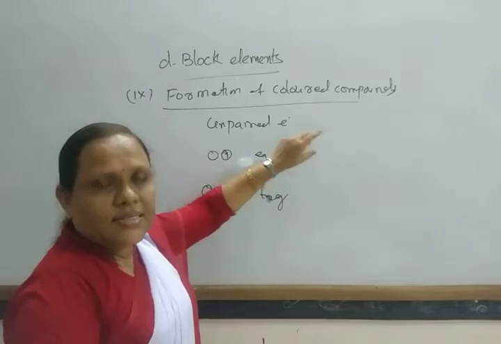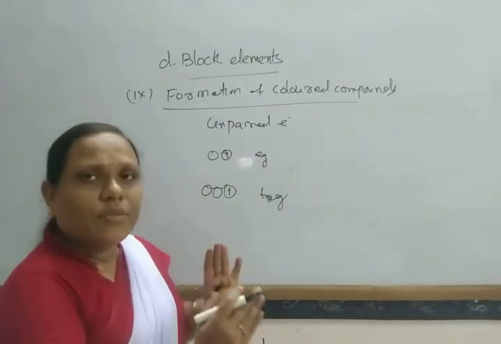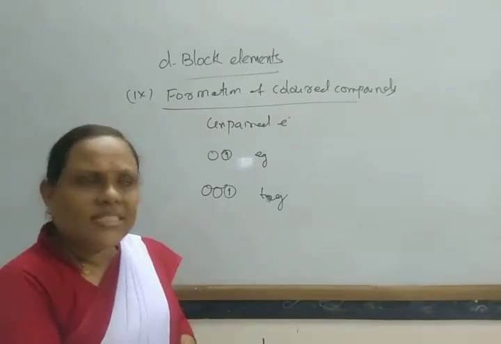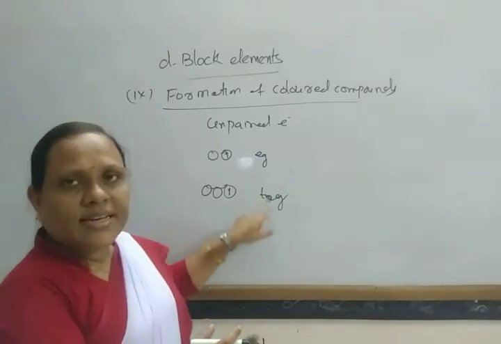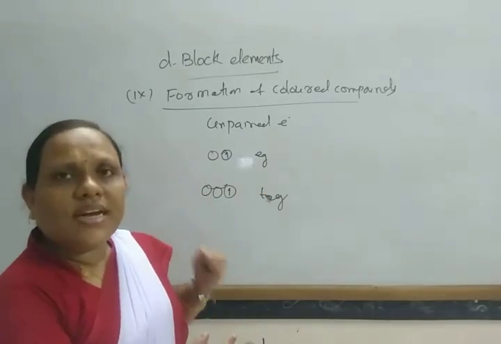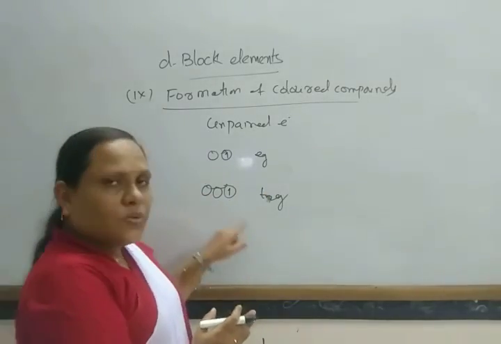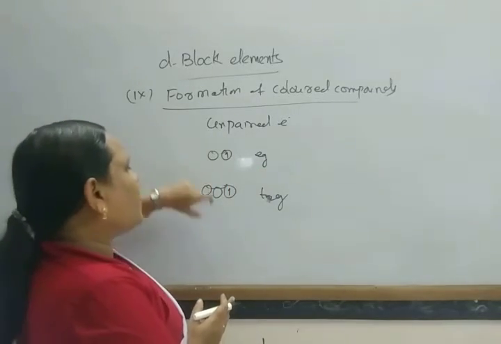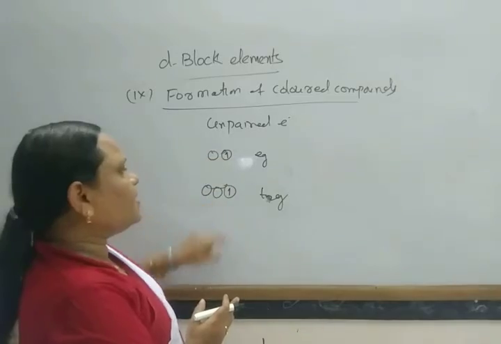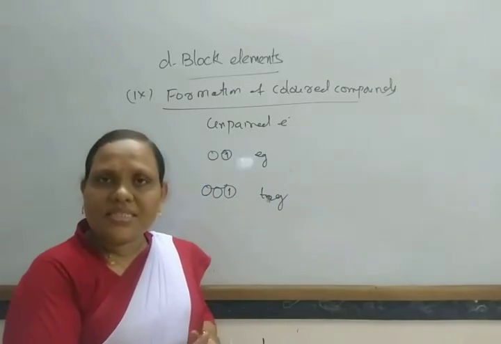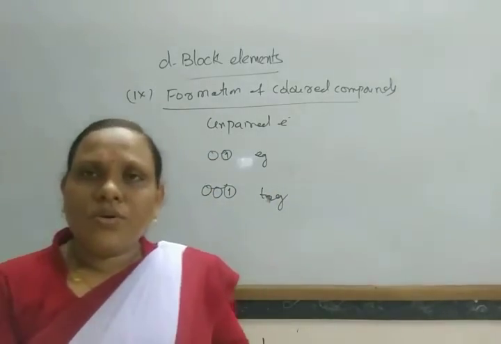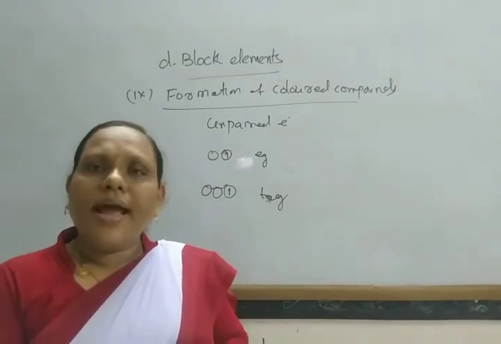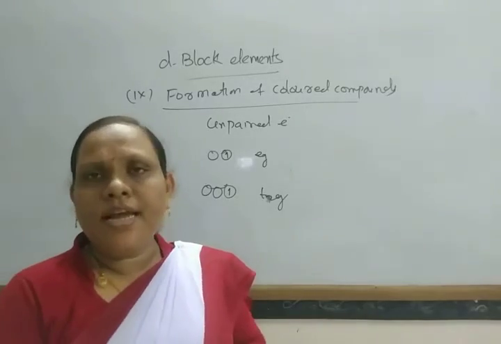So in case of d block elements, when they form compounds, the d orbitals split into two sets, that is the t2g set and eg set. An electron transition takes place from t2g to eg set or from eg to t2g set. When electron transition takes place from the t2g set to eg set, these electrons absorb some light from the visible region and emit the complementary color.